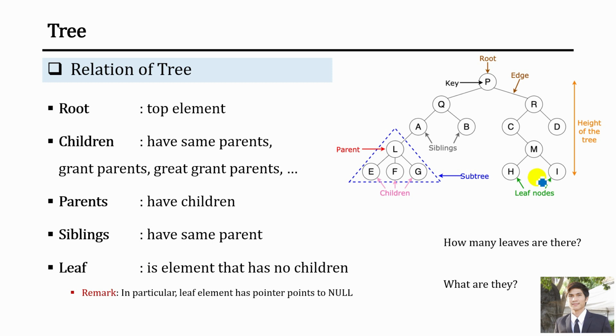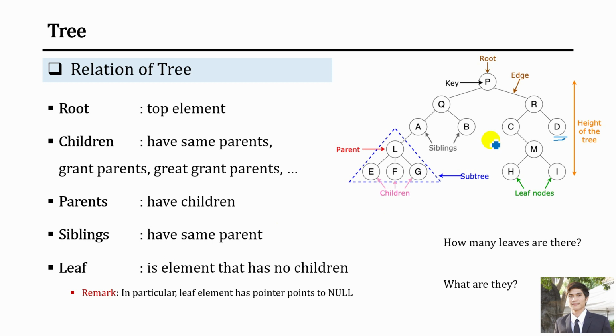For example, D here is also considered a leaf node because it has no further children. Normally, when we implement it as a linked list, the leaf node points to nil, because it is at the very last level.